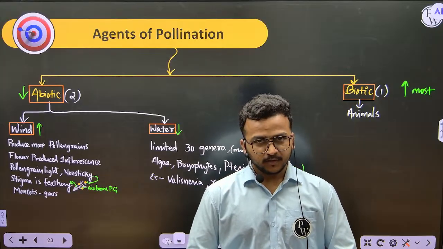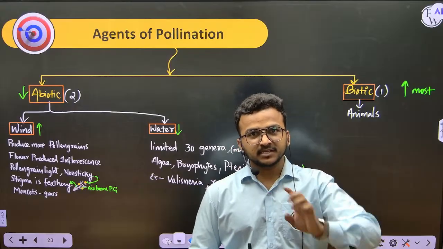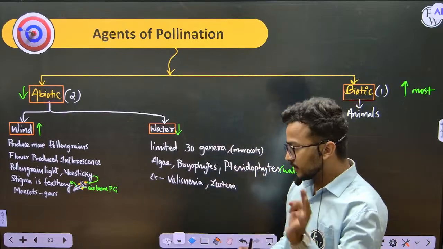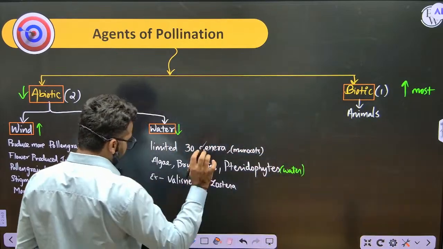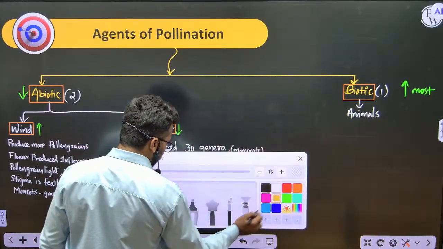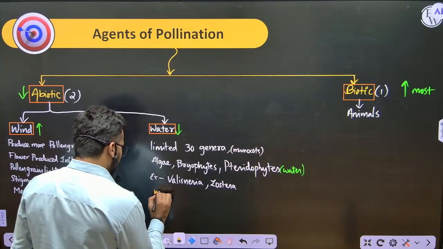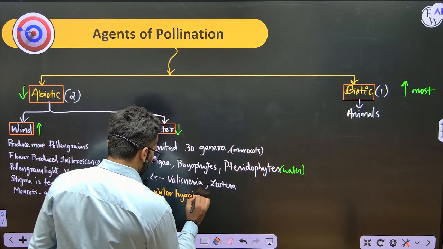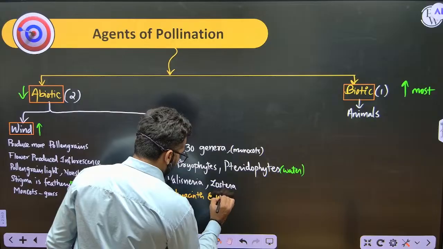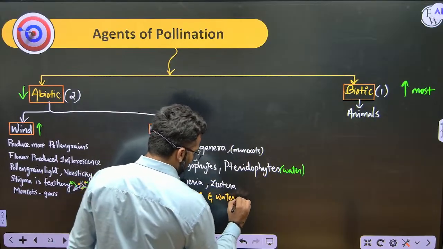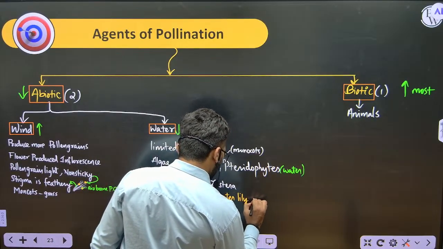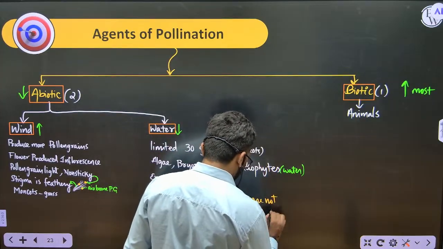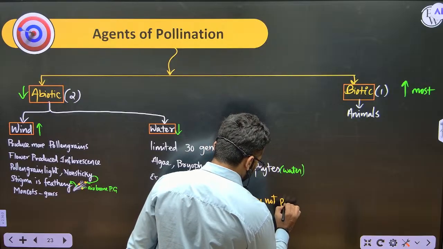No. There pollination takes place with the help of insects or wind, but not with water. So you need to remember that, it is very important. Water hyacinth and water lily are not examples of water pollination.